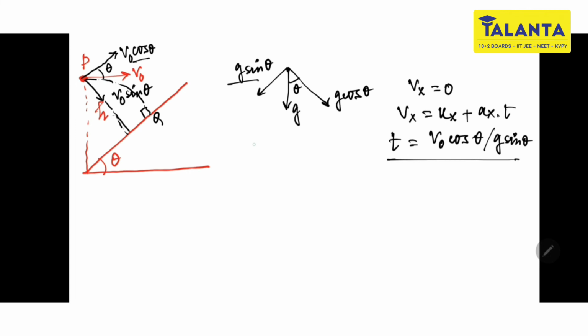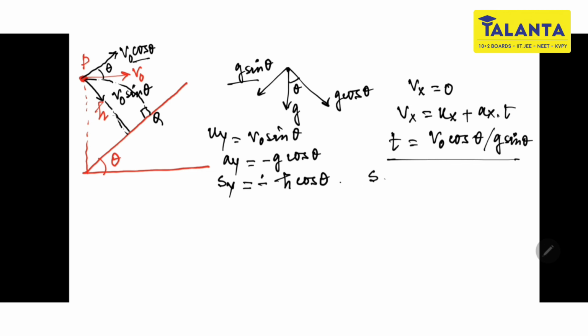Now the motion perpendicular to the plane, that means along the y-axis: Uy equals minus V0 sin theta, Ay equals minus g cos theta, and Sy equals minus h cos theta.